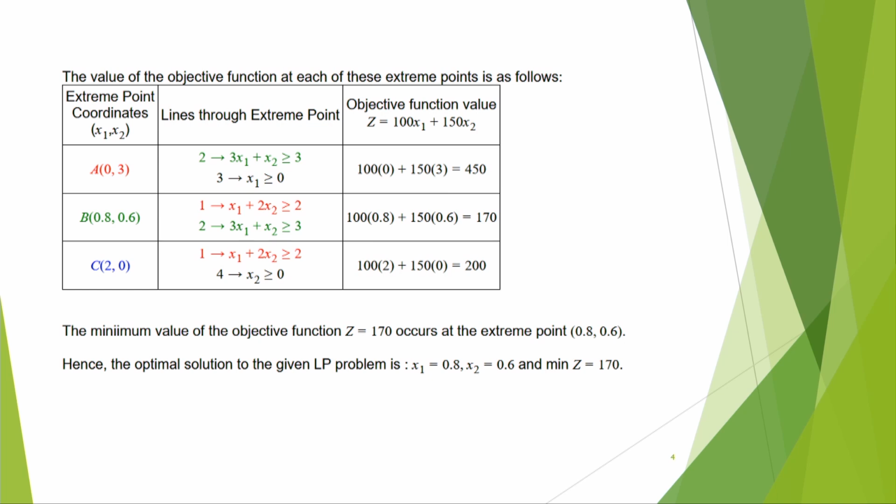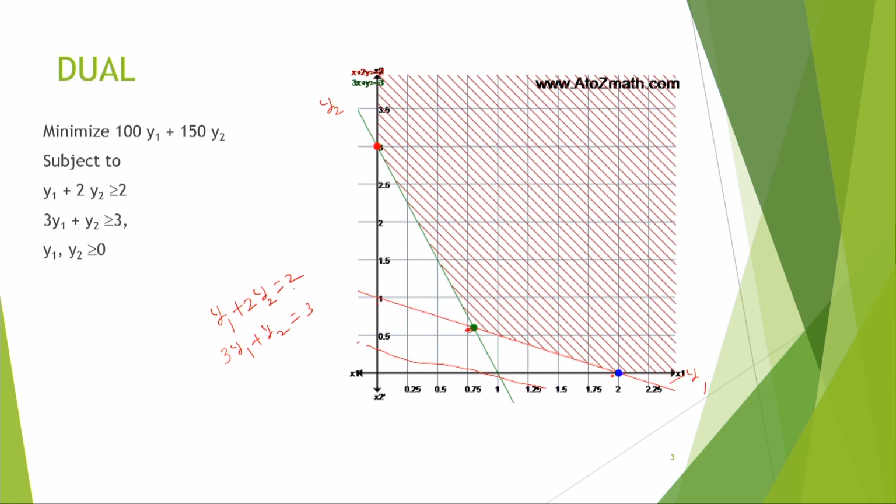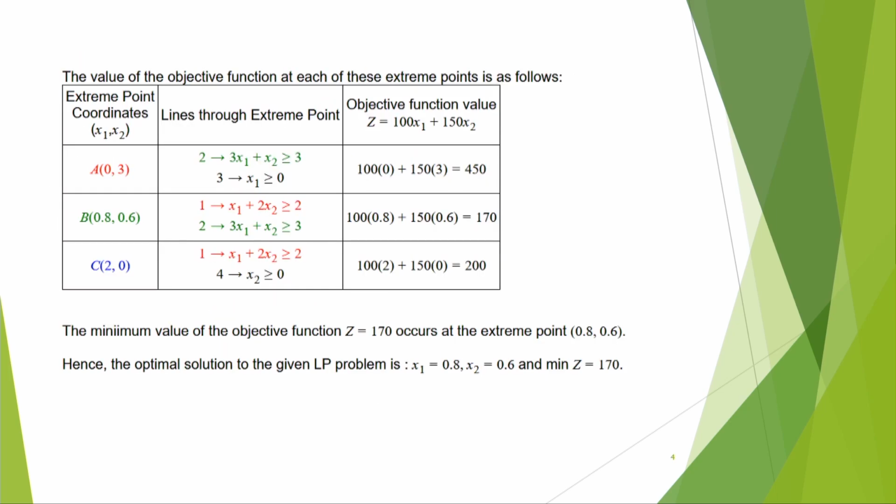The extreme coordinate points are A, which is written at 0, 3. So 0, 3 means basically this point, this is A, and another. The intersection gives you these points: one line is x1 greater or equal to 0, and the intersection gives you x2 equal to 3.